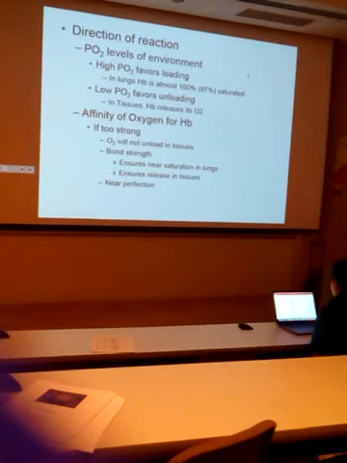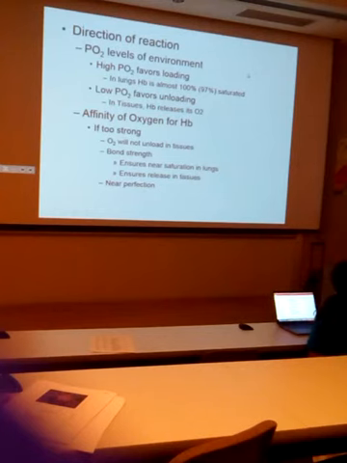Now, hopefully you remember when we spoke about hemoglobin the other day, and I gave you that little story about cooperative binding, which explained why hemoglobin would be maximally saturated at high levels of oxygen, but at low levels of oxygen, hemoglobin would not be as saturated because it would no longer have a very high affinity for oxygen. Does that make sense? All right, good. So a high partial pressure of oxygen would favor the loading reaction, and a low partial pressure of oxygen would favor the unloading reaction.